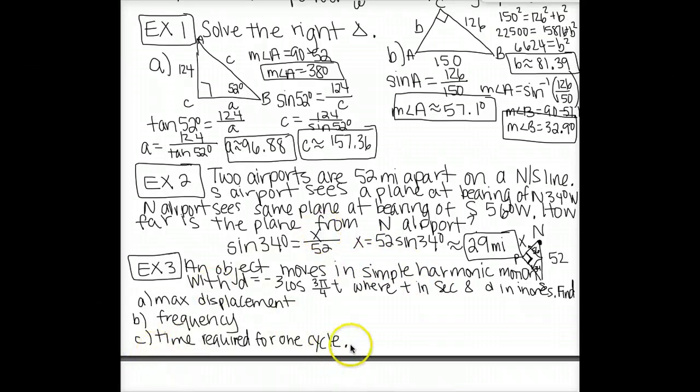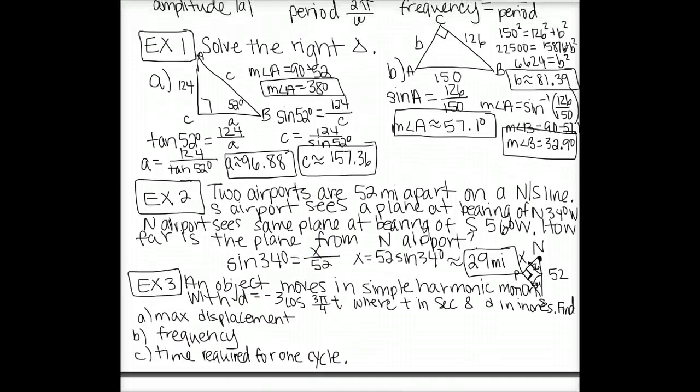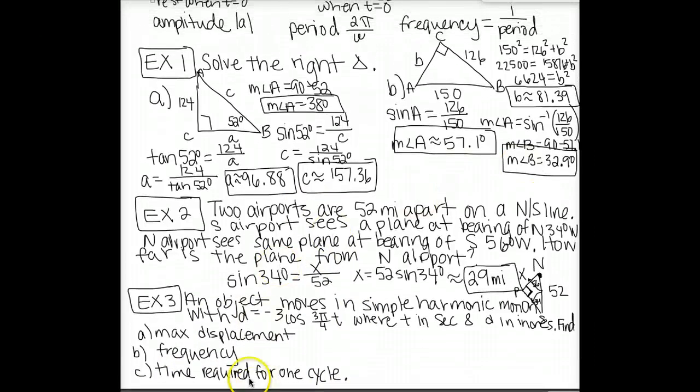Okay, so again, I've said this before, but I'll say it again. The book is extremely readable. So if you are having trouble understanding the harmonic motion, if you read through the part of it in the book, it's pretty good at explaining it. But maximum displacement means like how far from its rest place does it go?